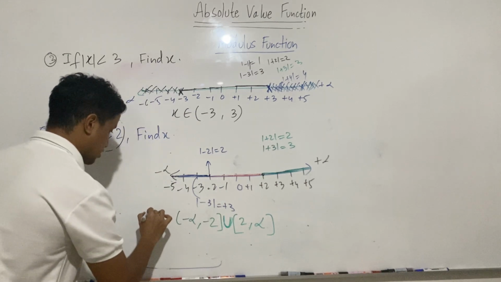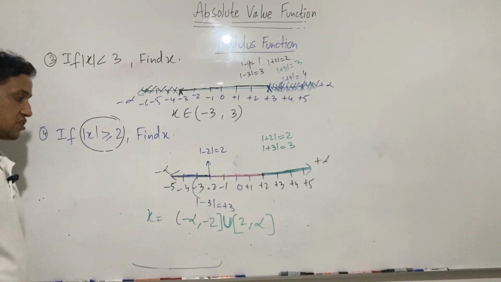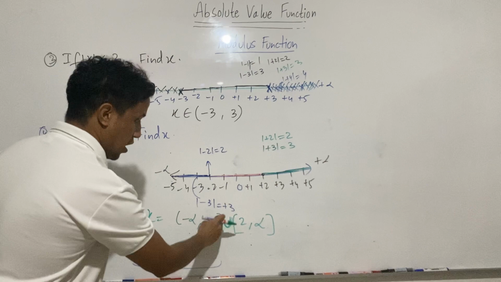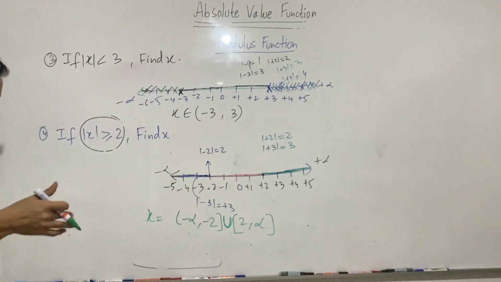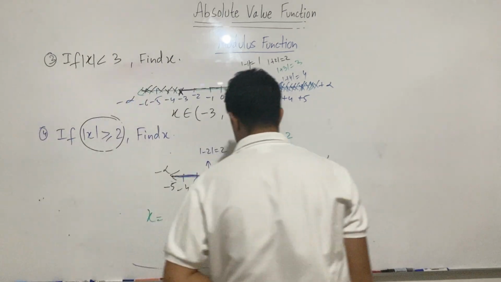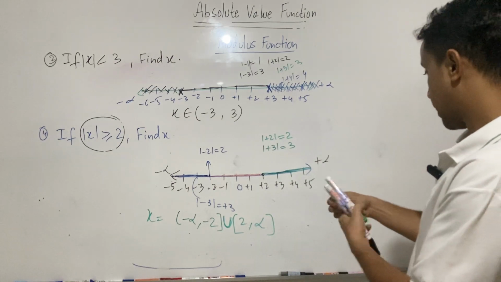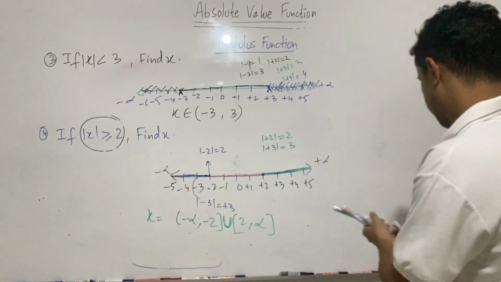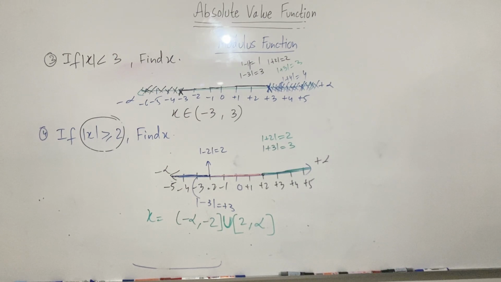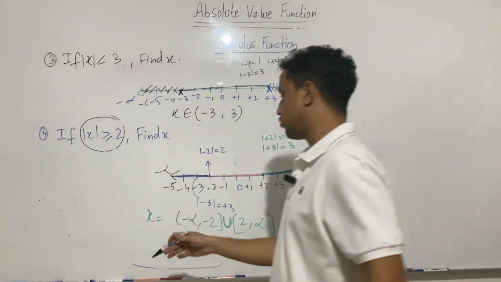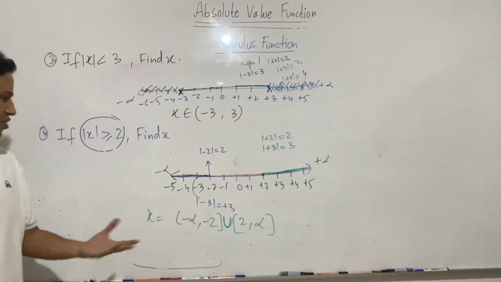So your x is going to be this, or in short, if you don't want to write like this, you can also write, if you think this is complex, it's not complex.